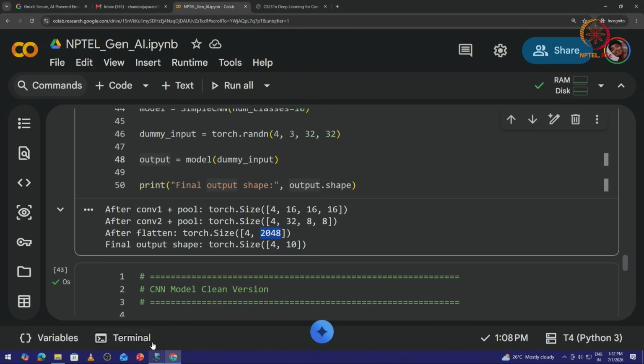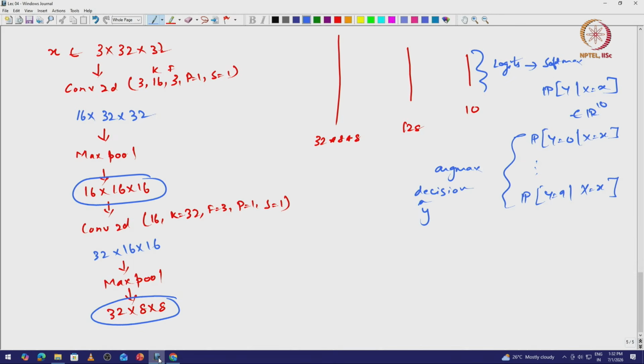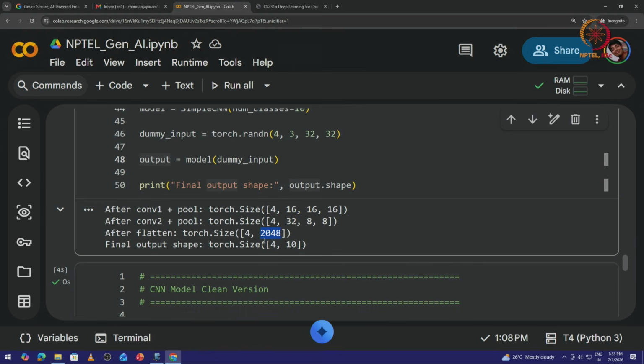Whatever is in the 2048 dimension, you are taking it into a 128 dimension, and then you are putting it into a 10 dimension, which is your logits in this case. Okay. So for all the 4 examples, 10.